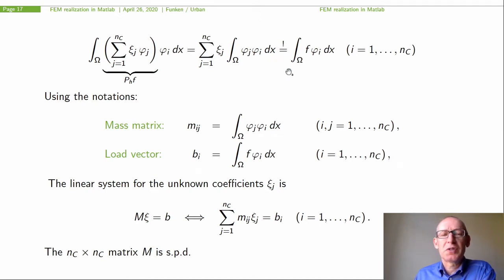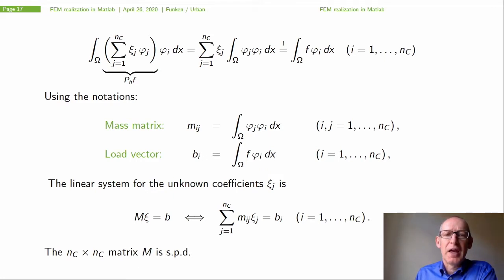We use the notation for the mass matrix. It's called the mass matrix because this matrix originally arises in some elasticity problem. We have some stiffness of some elastic material. You have some mass properties which give some different behavior, some damping, and therefore the expressions mass matrix, stiffness matrix, and load vector come originally from there.